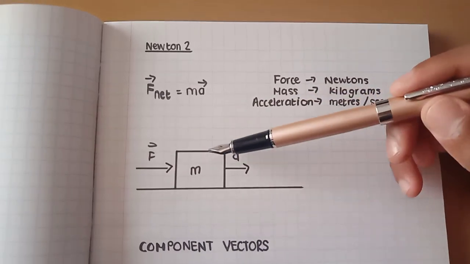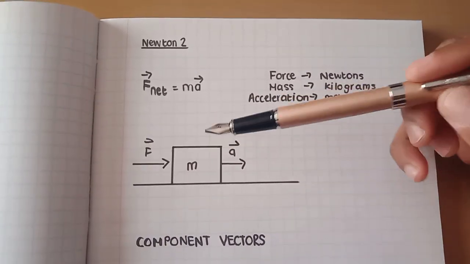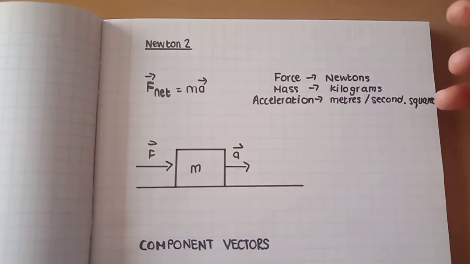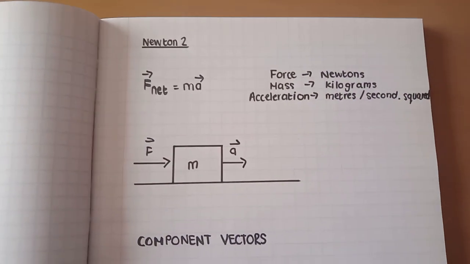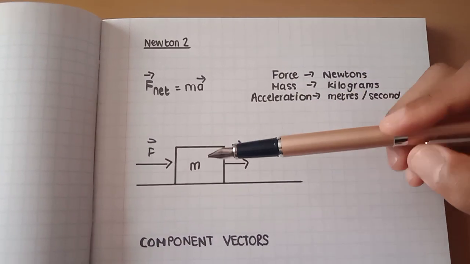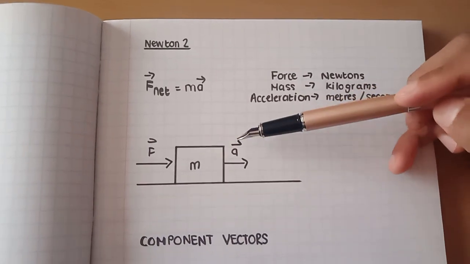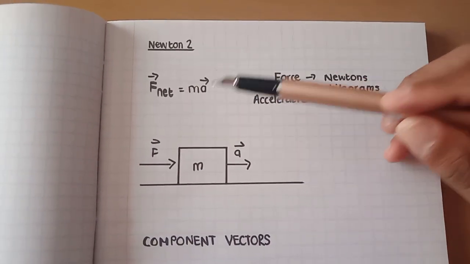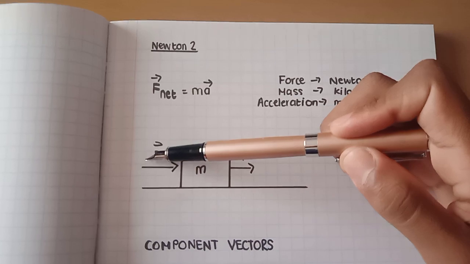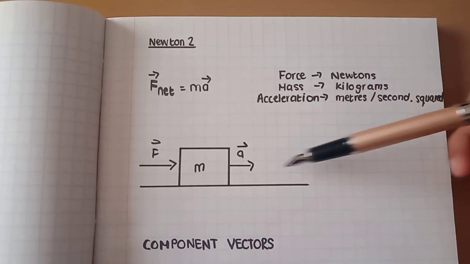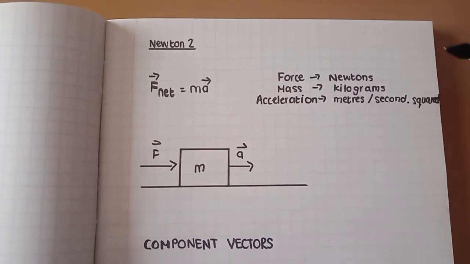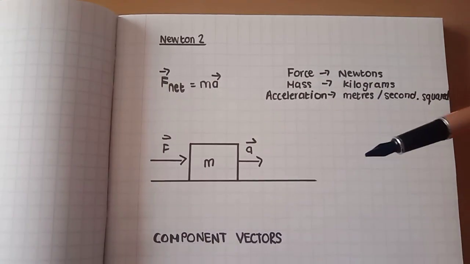Force does not cause the object to move. Force always causes the object to accelerate in the direction of motion. If we apply a force of a certain number of newtons, this object is going to accelerate in that specific direction. So if I push to the right, the object will accelerate right. If I push to the left, the object will accelerate to the left.